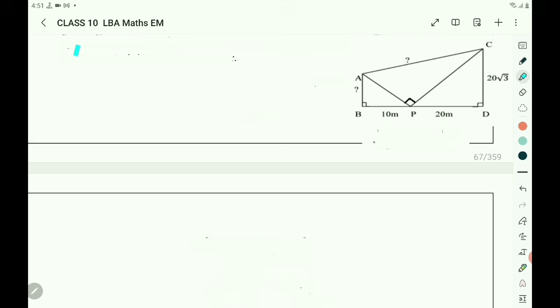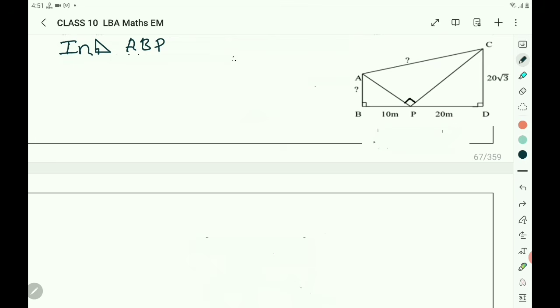Right? In the right angle triangle ABP, to find AP, take adjacent side by hypotenuse or opposite side by hypotenuse. You can use any one.